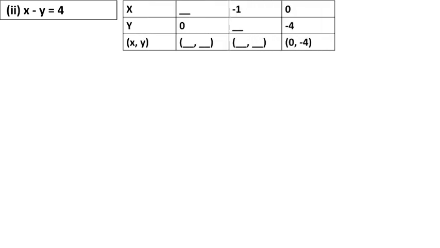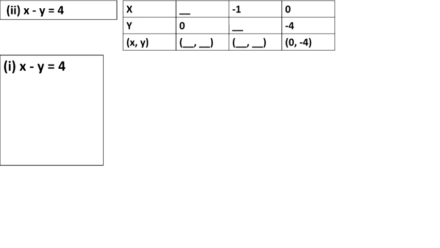Now student, the second activity is given, x minus y equal to 4 is the second equation, and the box is given, x is blank and y is 0. X, y we have to find. So here the x value is not given and the x, y value is also not given. By putting the y value 0, we will find out the value of x. So here the equation is given x minus y equal to 4.